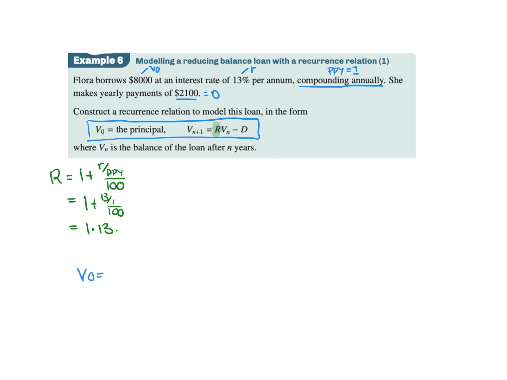V0 was the beginning amount that they borrowed, which was 8,000. And then how we get the next value in our sequence is we use the R value we found, we write Vn, and now we have to put the D value, which they tell us: Flora is making 2,100 repayments, so it'll be minus there.